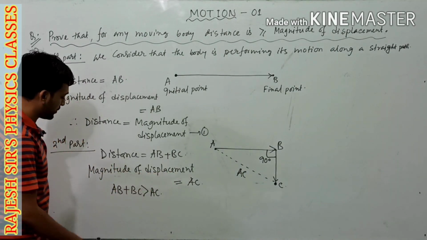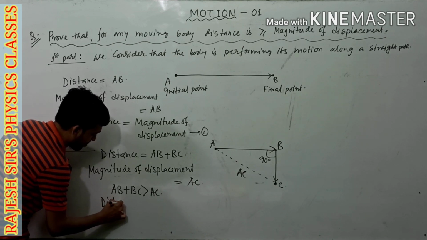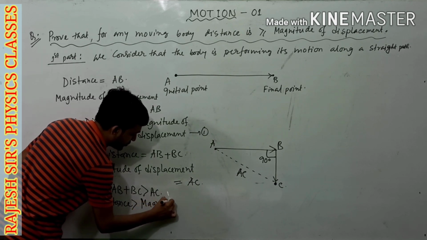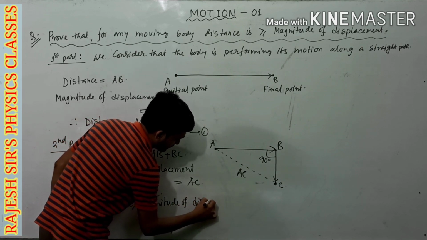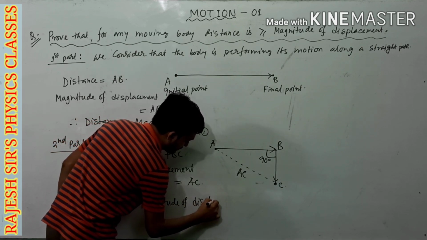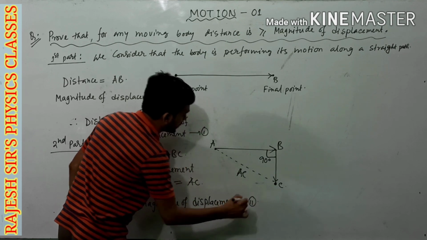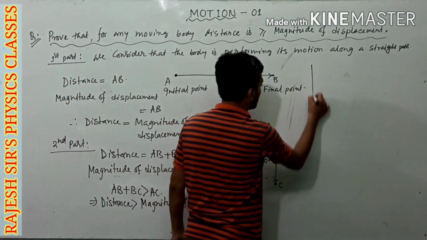So from here we are getting distance is greater than magnitude of displacement. Give it equation number 2. If you combine equation 1 and 2, what will you get?